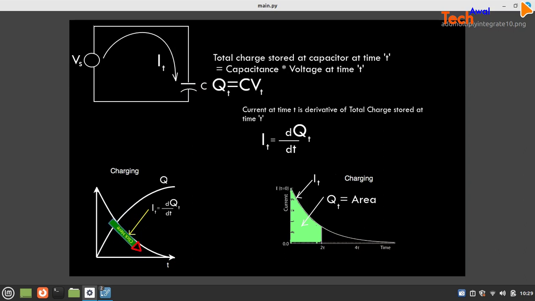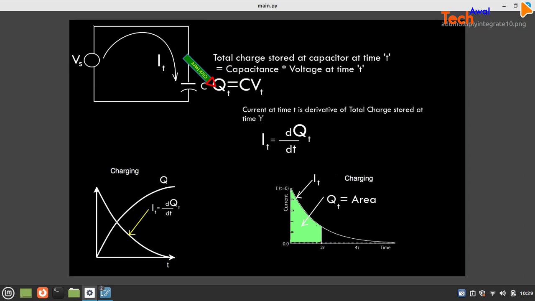If I connect a voltage to a capacitor, slowly the voltage across the capacitor would start growing. If the voltage across the capacitor grows and I multiply by capacitance, I get how much charge it has collected at that time.